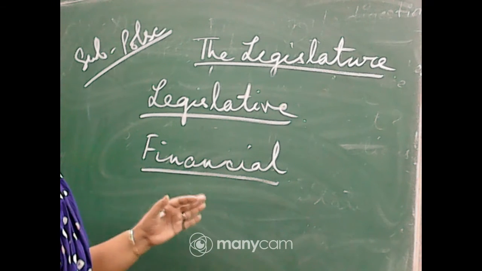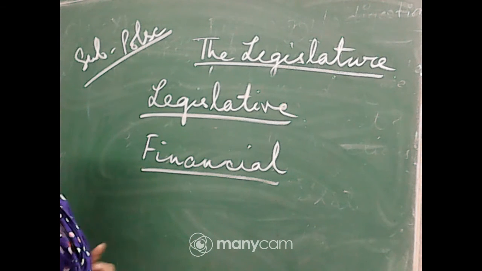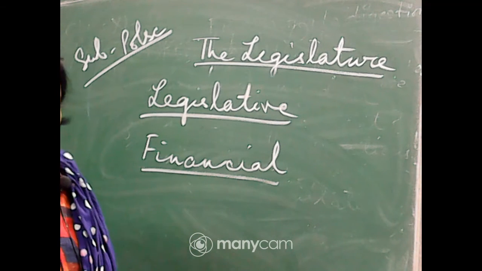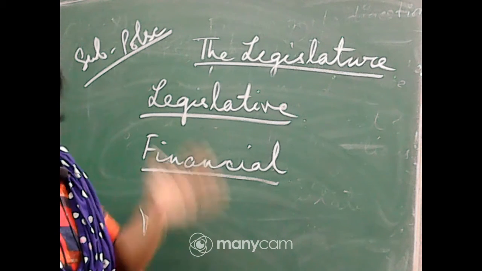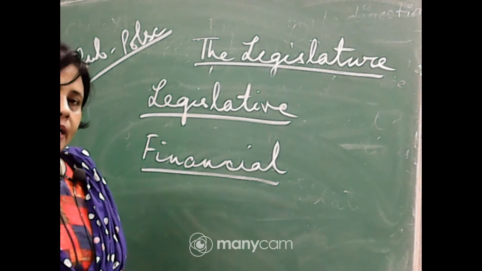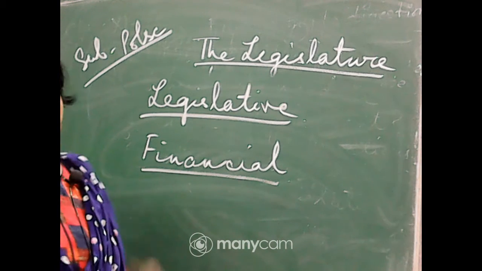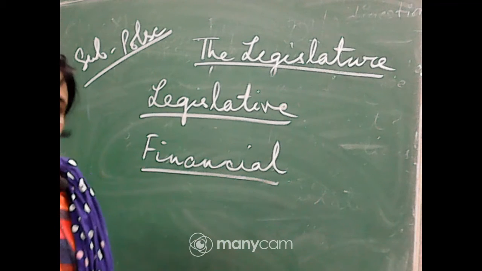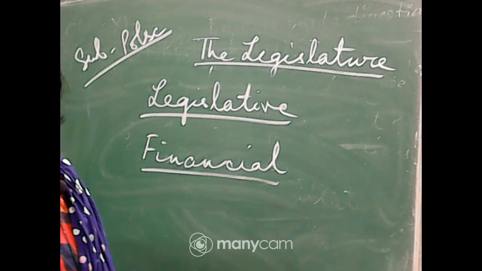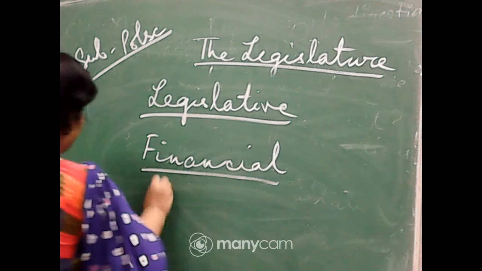After being passed from the Lok Sabha with 2/3 majority, the bill moves to the Rajya Sabha. The amendments made by the Rajya Sabha may or may not be accepted by the Lok Sabha. But what can the Rajya Sabha do? It can delay the bill for 14 days. Clear?